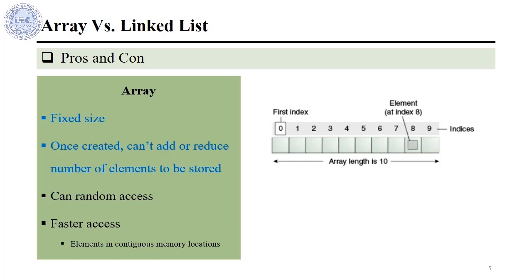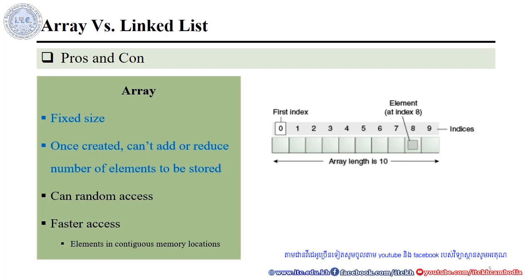So take note of that yourself. Next, with an array we can access elements faster because, based on the index given a particular position, we can access it directly. So it allows faster access to information.